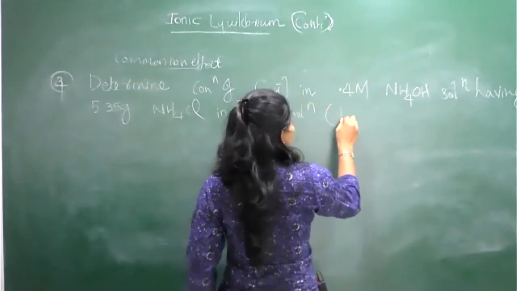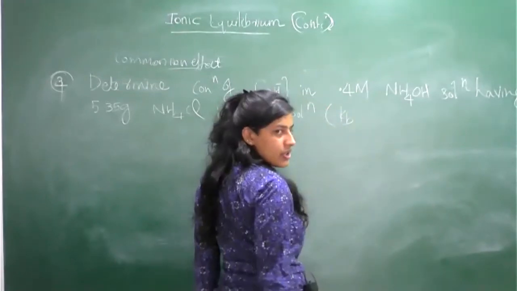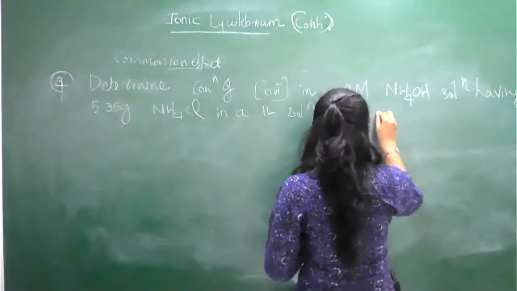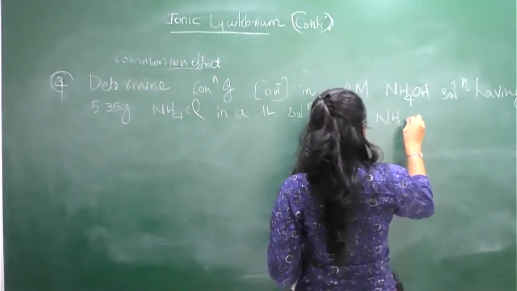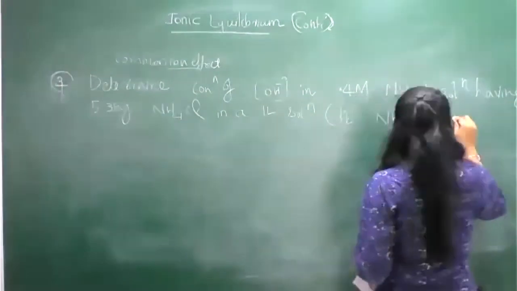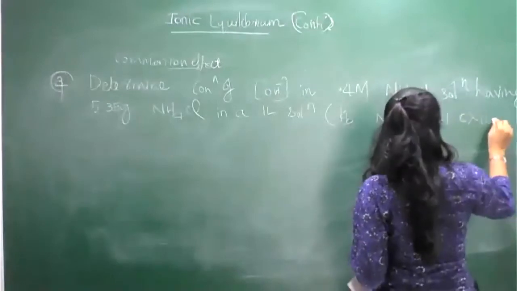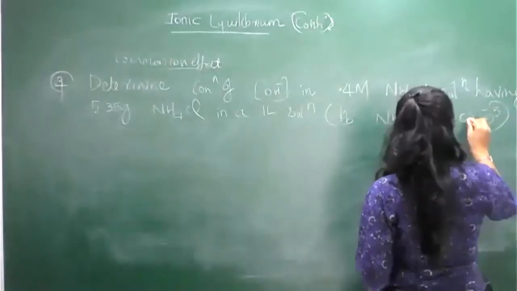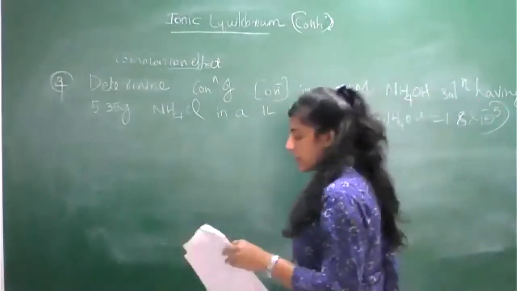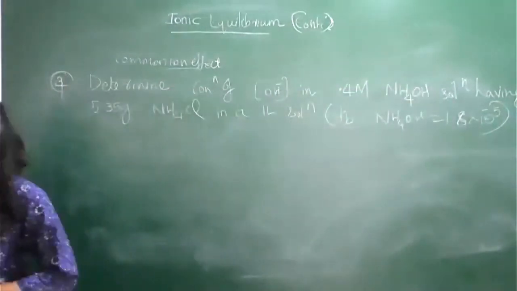So Kb value for NH4OH, they are providing you 1.8 into 10 to the power minus 5. This much information you have.